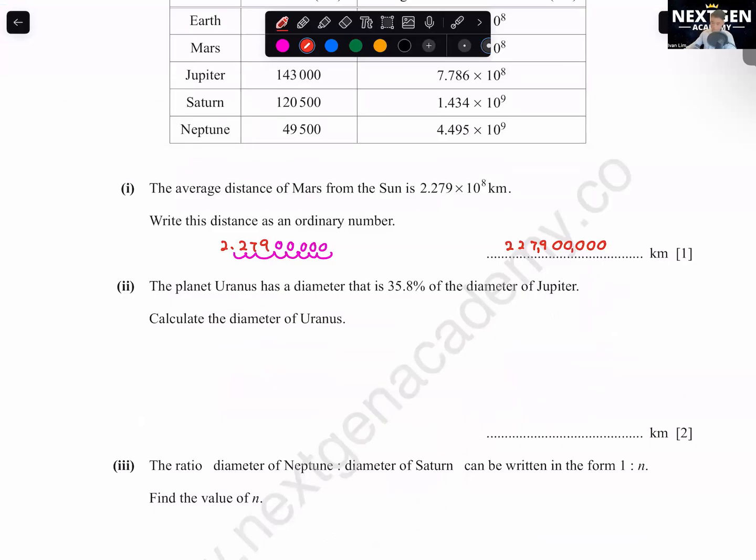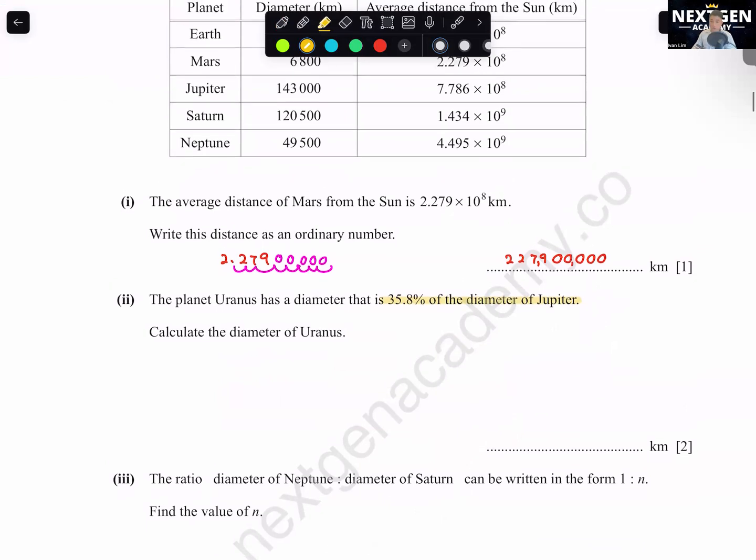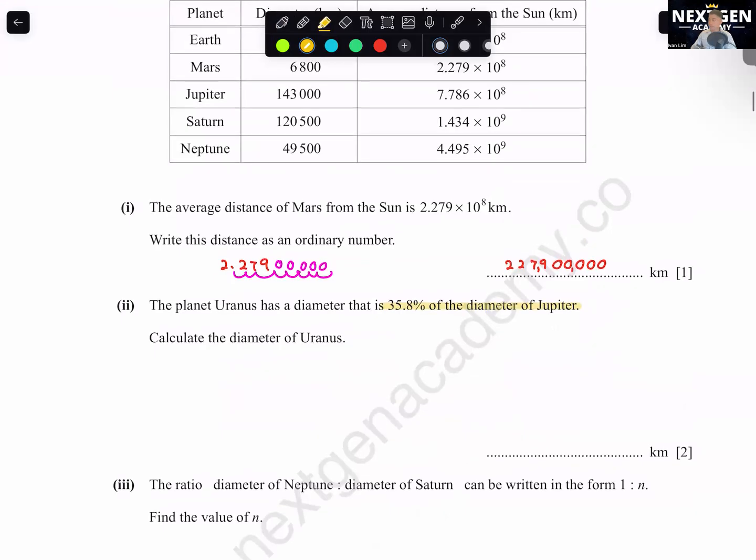Question 2. The planet Uranus has a diameter that is 35.8% of Jupiter. Calculate the diameter. Shouldn't we write it as 3SF? No. They never say anything about 3SF here, so don't go and change it. If you write it as 3SF for this one, you get 0 marks already.